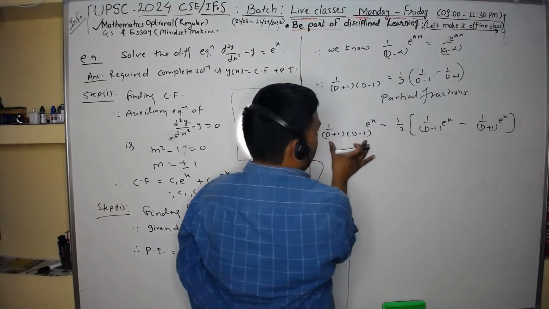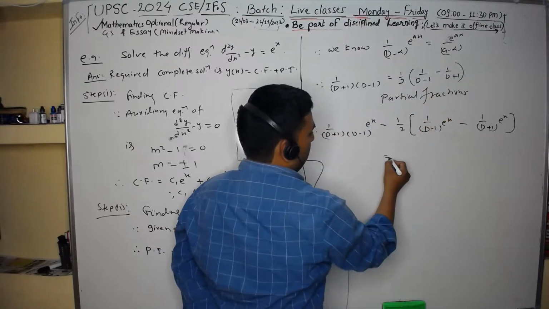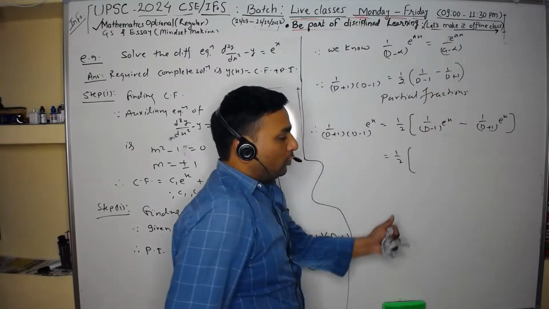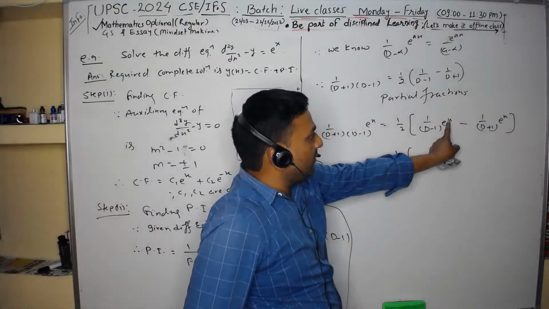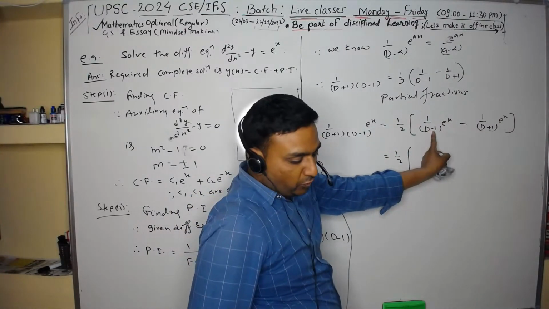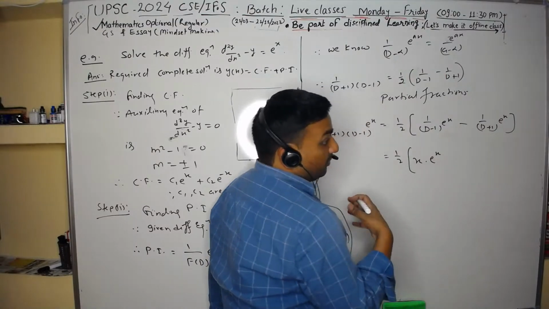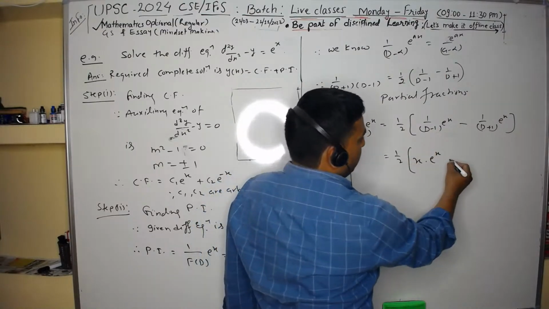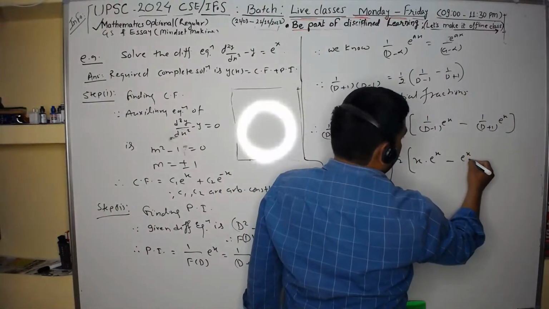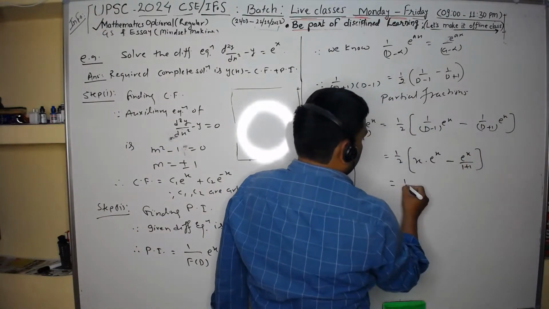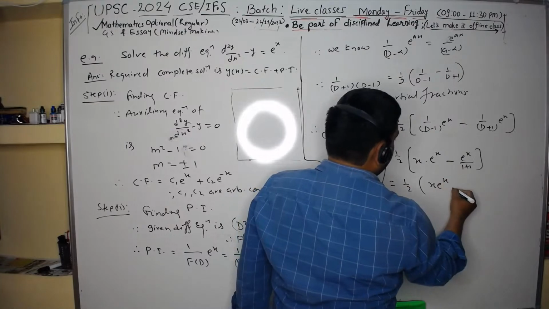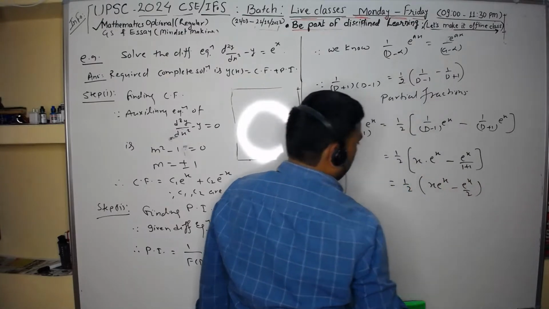I have used in place of this as this fraction. What I told you, if you put here a value 1, 1 minus 1, 0. So what it should be? X into e raised to the power x, because denominator is becoming 0. Here it will become e raised to the power minus x. So that will come out as x e raised to the power x divided by 2.